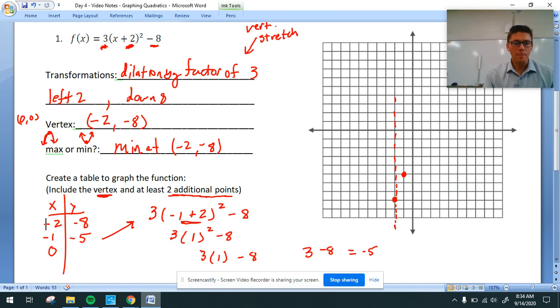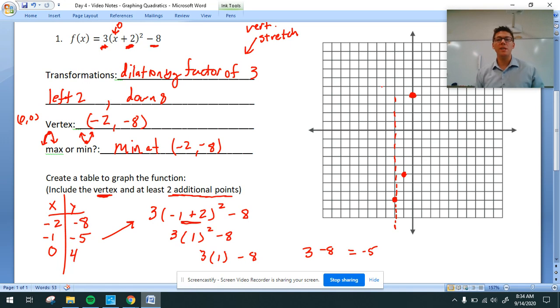If I substitute in 0, we can just do this mentally. If you plug in a 0 right here, 0 plus 2 is 2, square it to get 4. 4 times 3 is 12, but take away 8, we are at +4. So I'm over at 0, up to +1, 2, 3, 4.